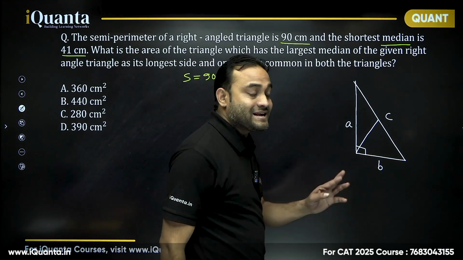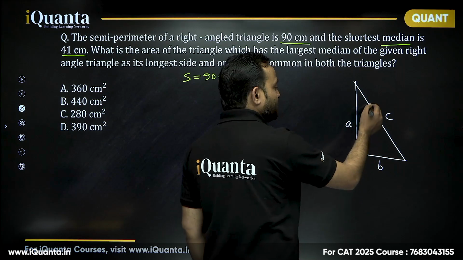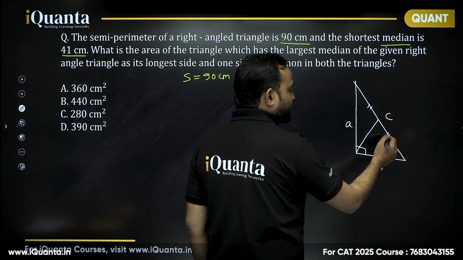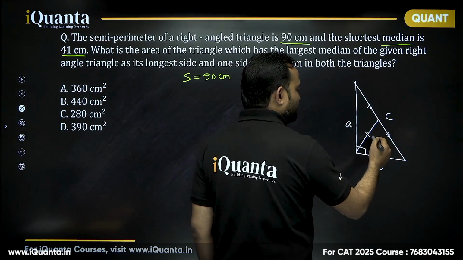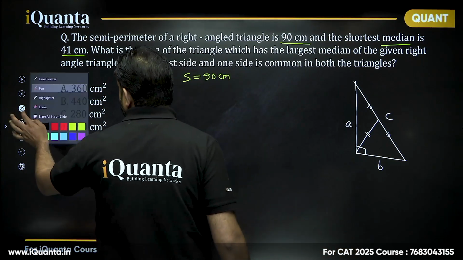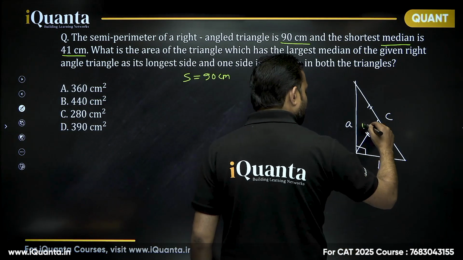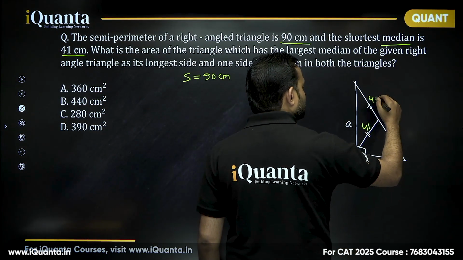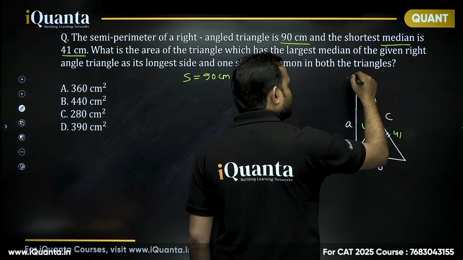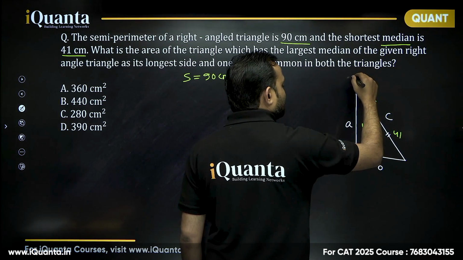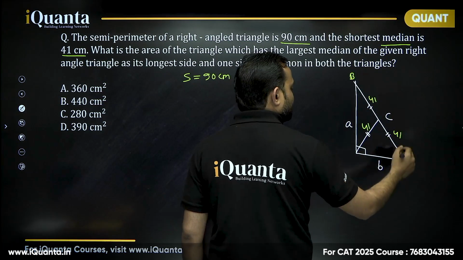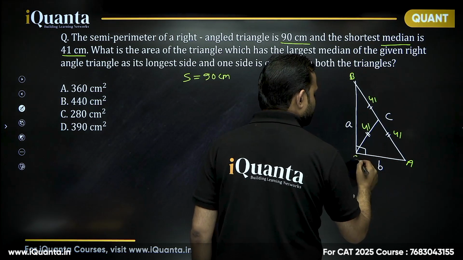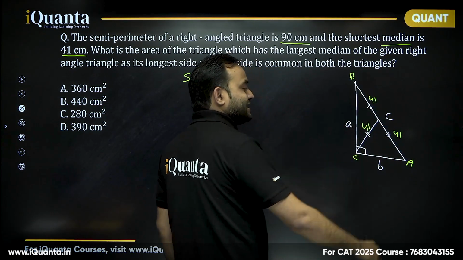In any right angle triangle, we know that the median to the hypotenuse is half of it. So all of these three will be equal. So in that case, if this is 41, this will also be 41, this will also be 41. Let's put it like this is B, A and C. So the hypotenuse will become 82.